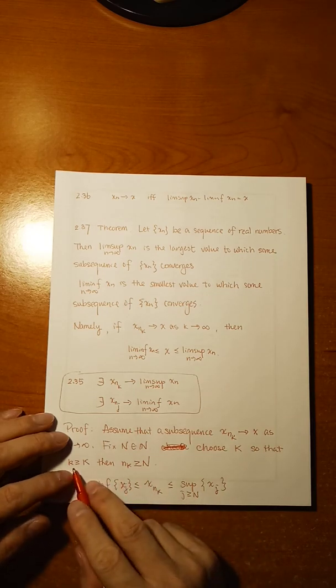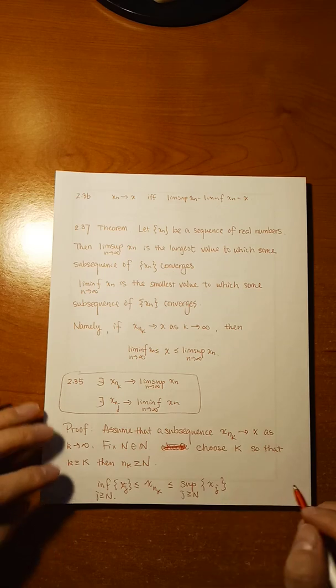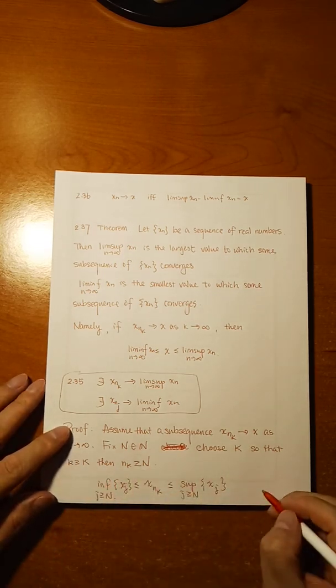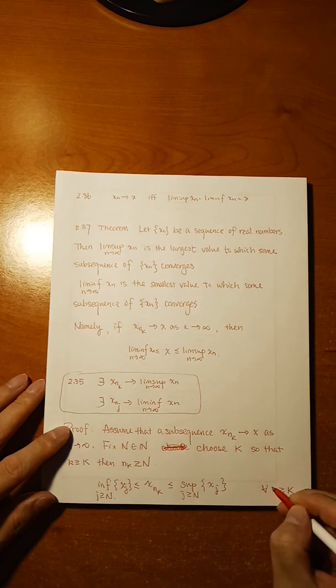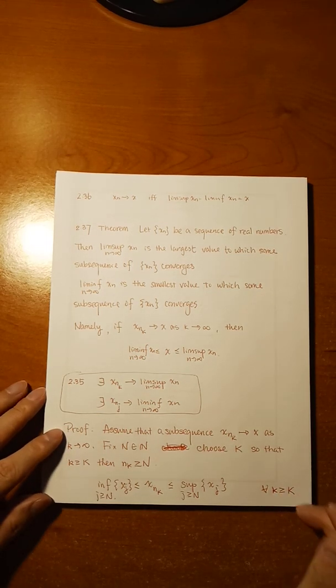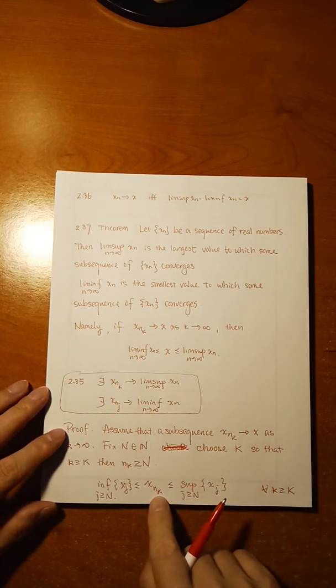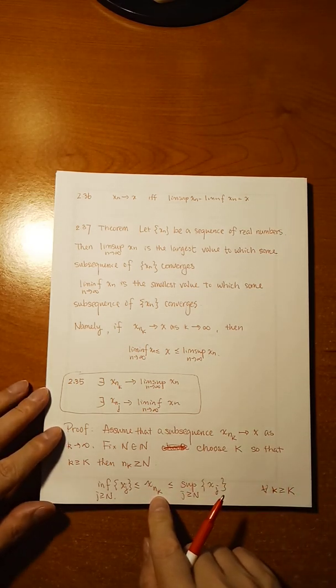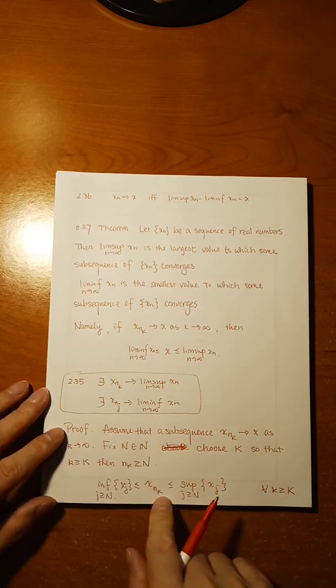And because when little k is greater than or equal to capital K, nk is greater than capital N, we have this inequality for all little k greater than or equal to capital K. So basically you just pick the proper sufficiently large subindex from the subsequence.